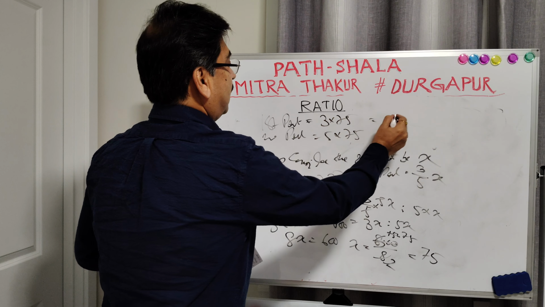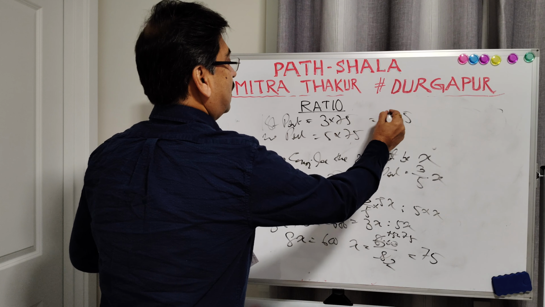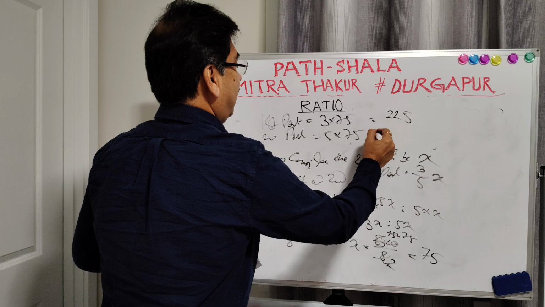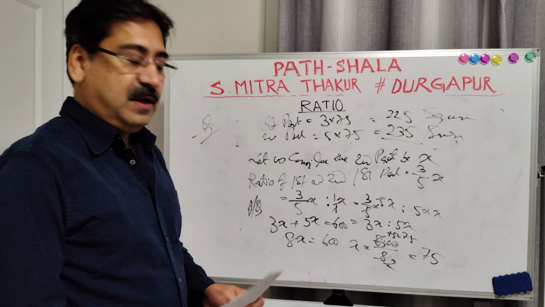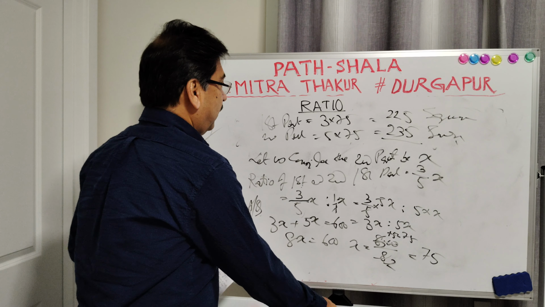That is 225 and 375. This is the first part in square meter, and the second part is in square meter. Right? This type of math will come. This is very important math.